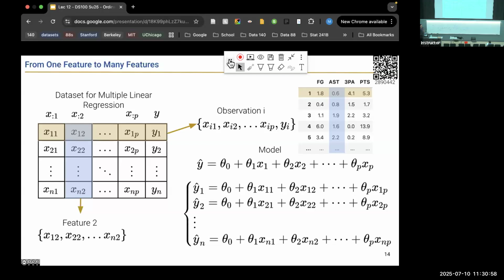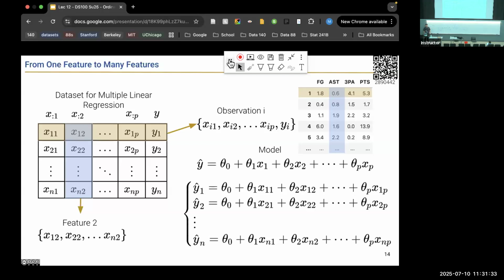Then the prediction for the first player, y1 hat, is gonna be my parameter, my intercept theta naught, plus theta 1 x11, that's the first entry in the first row, plus theta 2 x12, that's the value for the second feature for that observation, etc. And then I can do that for every single row. Then I'll have m predictions that are functions of the feature values for those observations.